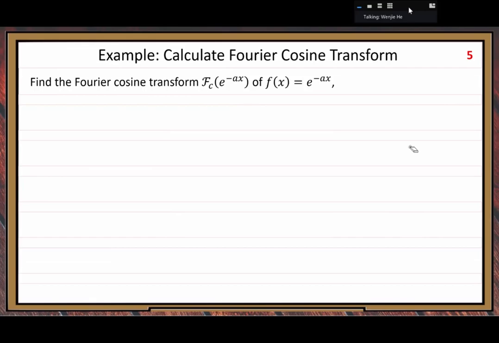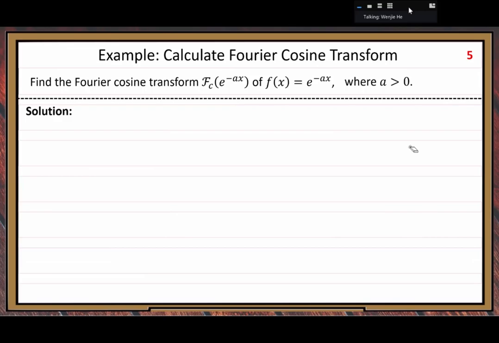Although for this function you have no reason to use the derivative, after we see the derivative formula, you can see it is useful if we apply the Fourier cosine transform on the derivative of the function. So we can easily calculate the Fourier cosine transform because we only need to solve an algebraic equation.